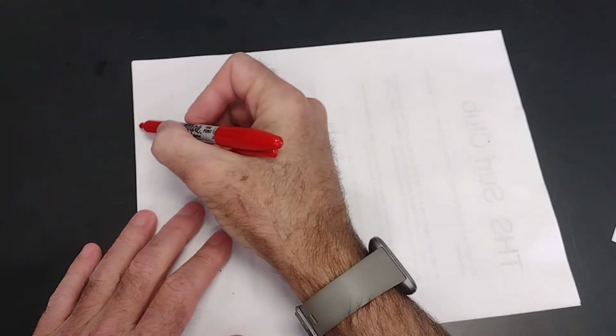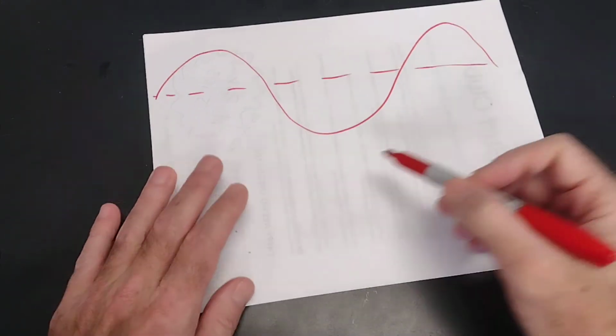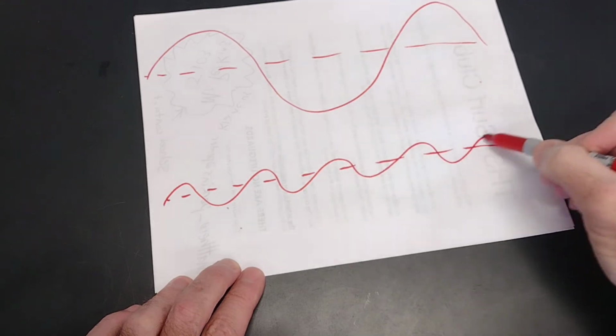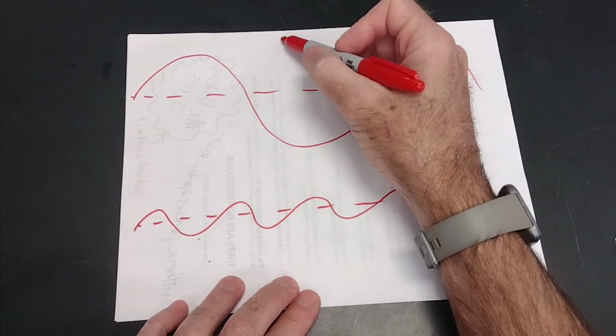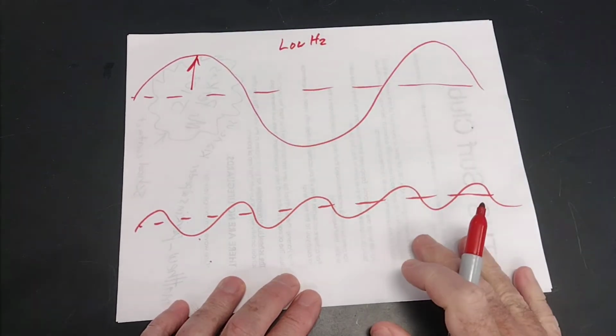The other part of the test is about waves. Here's a wave right here. Here's another wave right here. This wave up top has a low frequency, but it has a high amplitude.